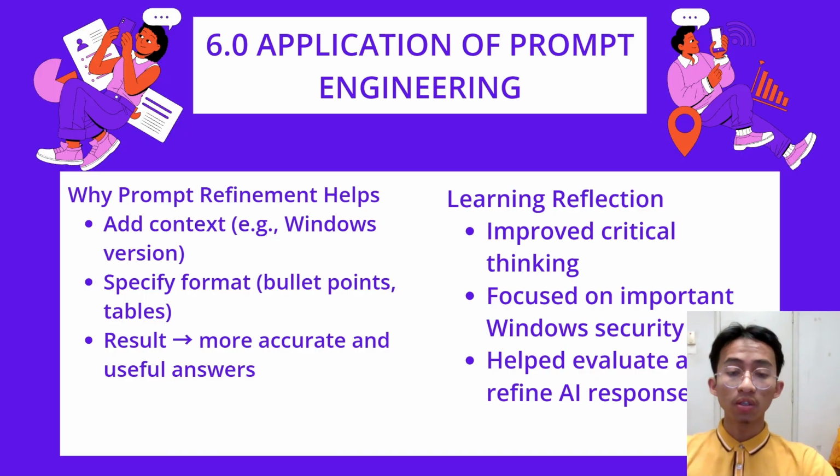Then the results will be more accurate and more useful for us to use the information that we just got. So, learning reflection: prompt engineering helps to improve our critical thinking, and it focuses on important Windows security topics. It also helps evaluate and refine AI responses.